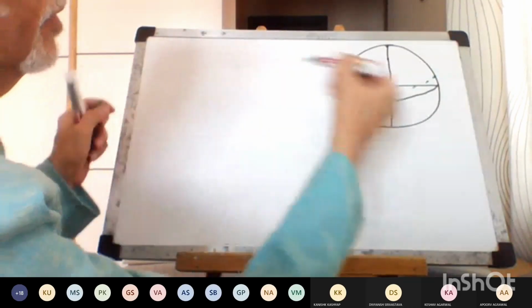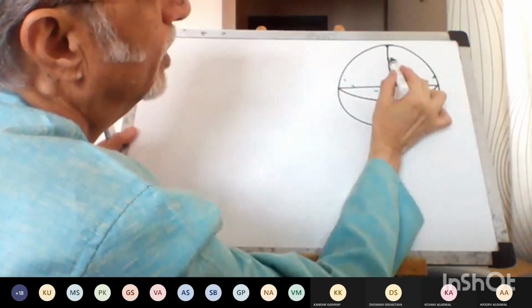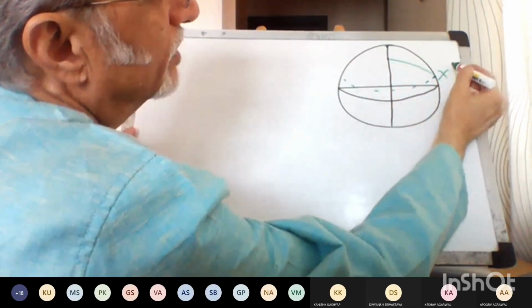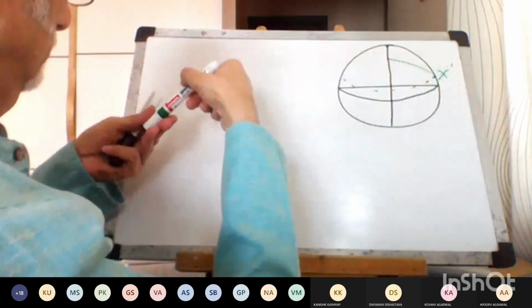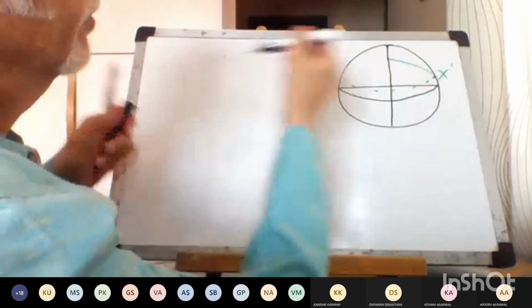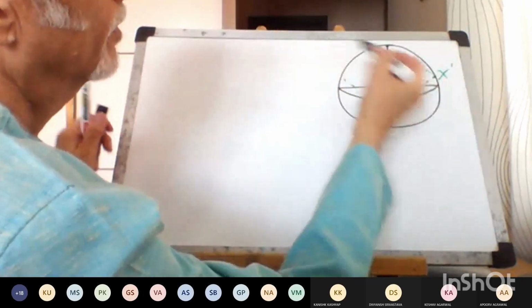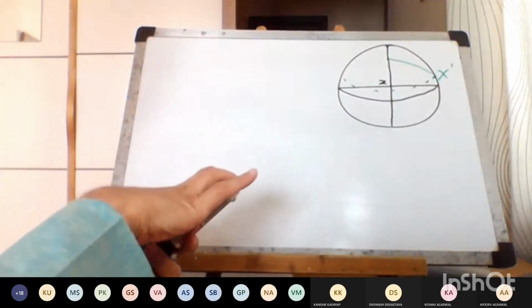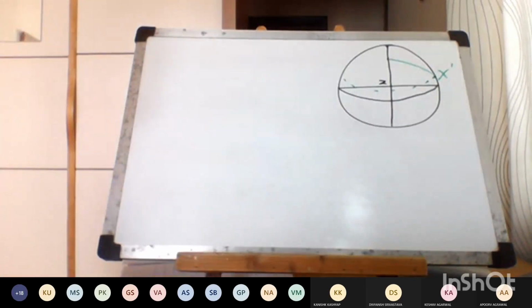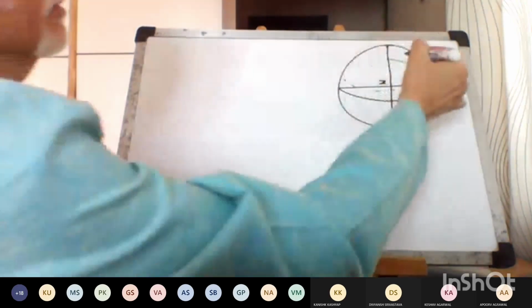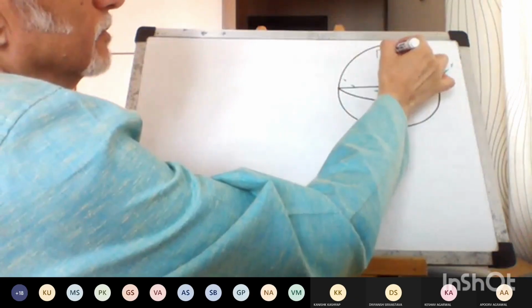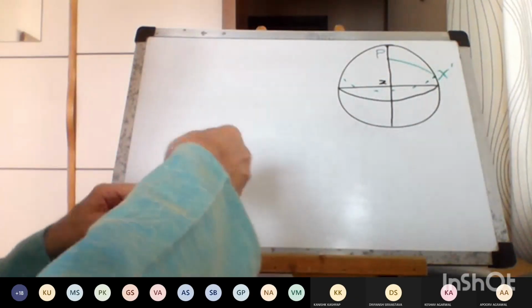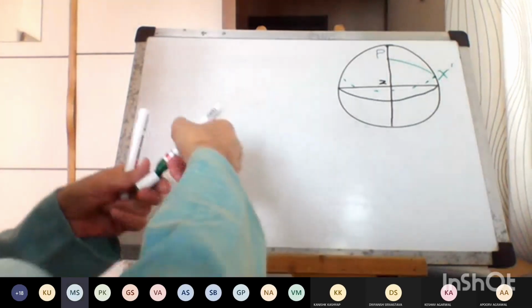So we have two options here. One, the body is on the horizon, and we have another option, which is the other option? Body at the equinox.